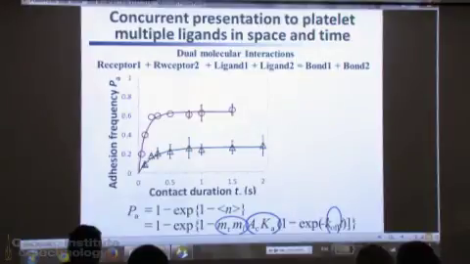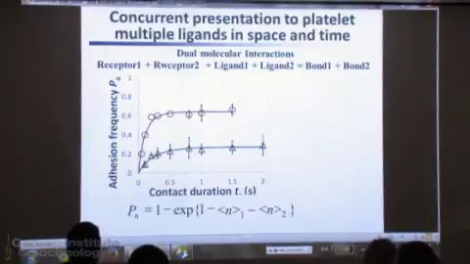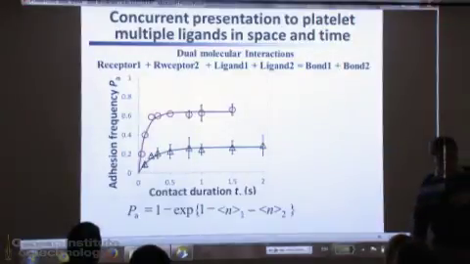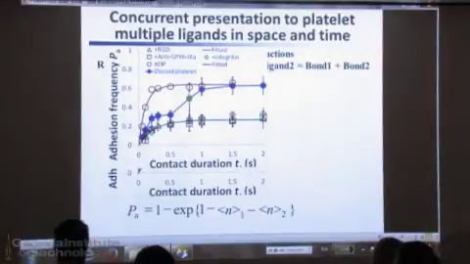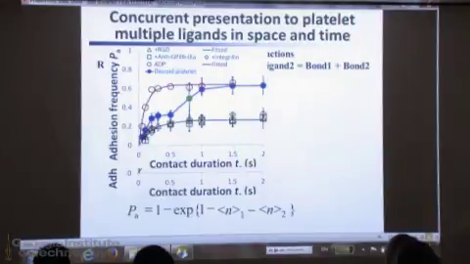And the equation, so here you actually have bond 1 and bond 2, right? That's only when the two molecular interactions are independent. They are not, right? So if you really look at the real data, it actually goes like that.